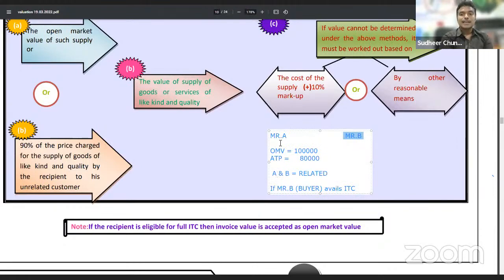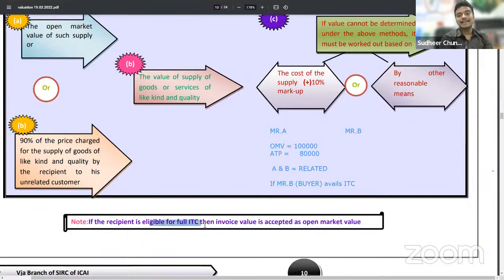That's why if the seller and buyer are related, plus if the recipient is eligible for full ITC, listen carefully. If the recipient is eligible for full ITC, that means even though you levy tax on 1 lakh, the recipient immediately avails ITC. What is the use of the concept of this rule?